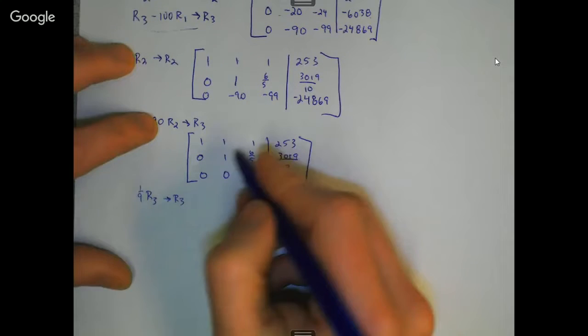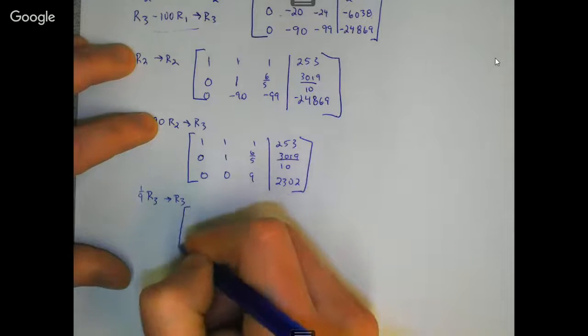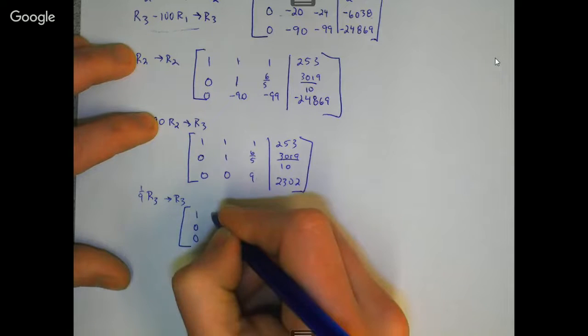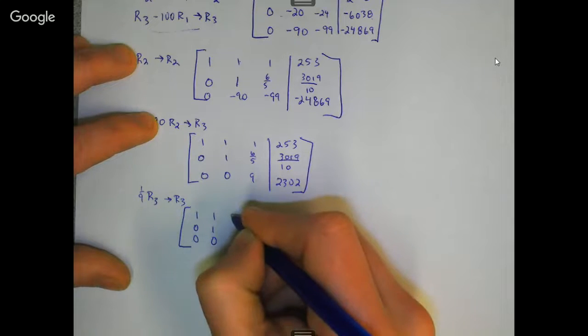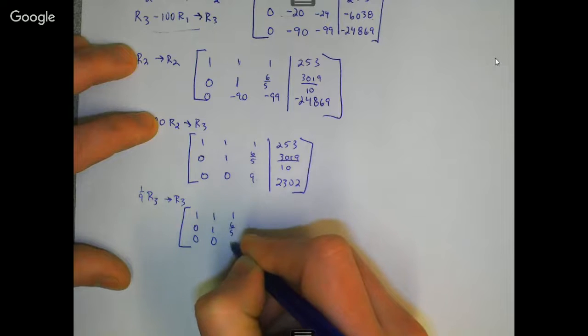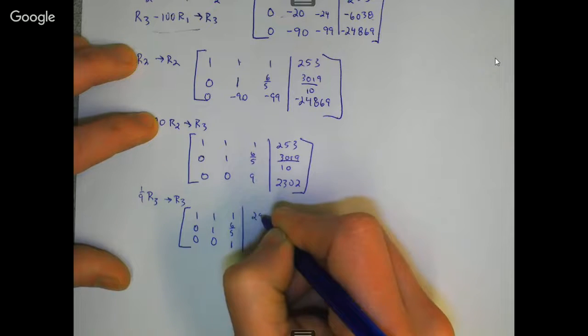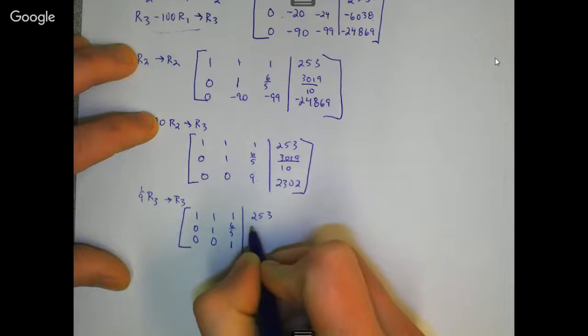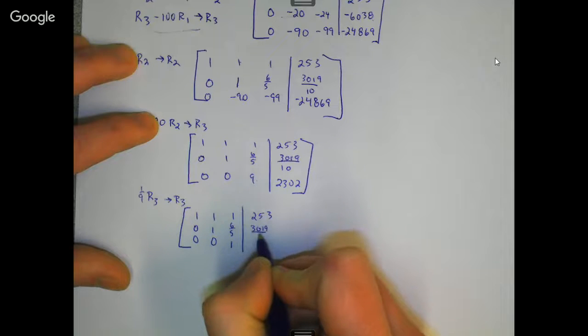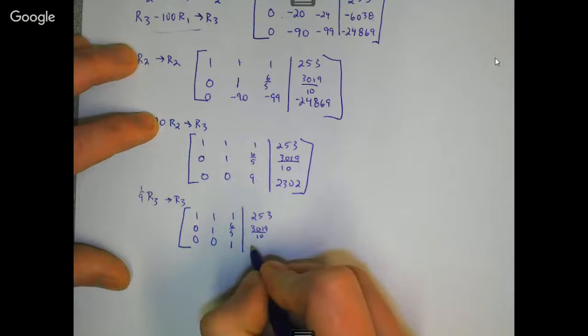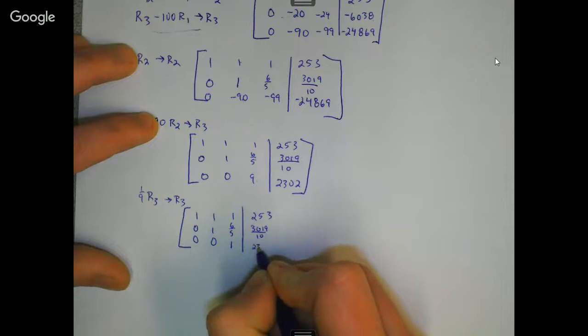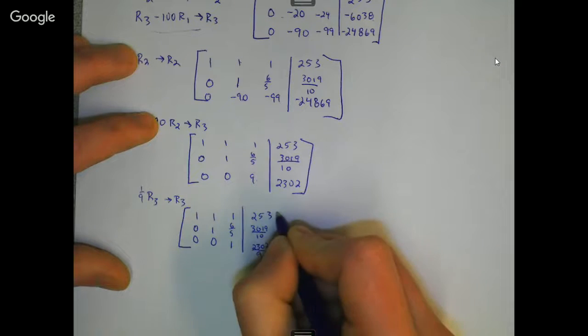Okay, we can work on these zeros in the upper triangle last if we want. So that's 1, 6/5, that's 1, 253, 3019 over 10. And this one is 2302 over 9.